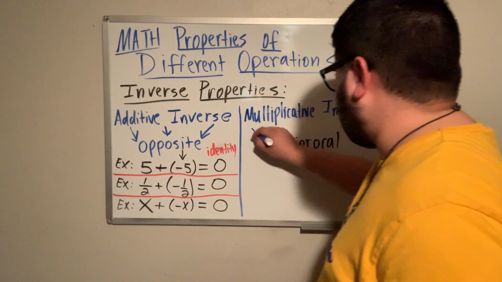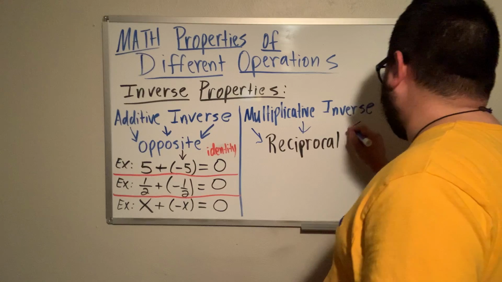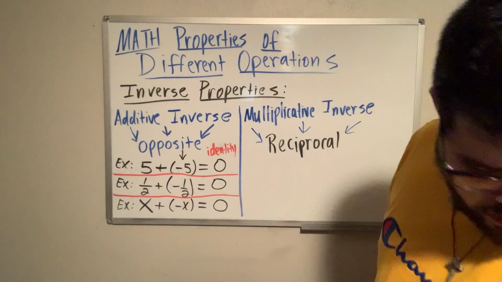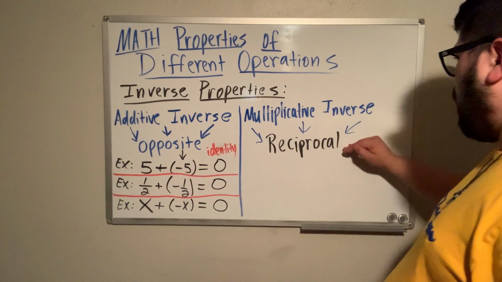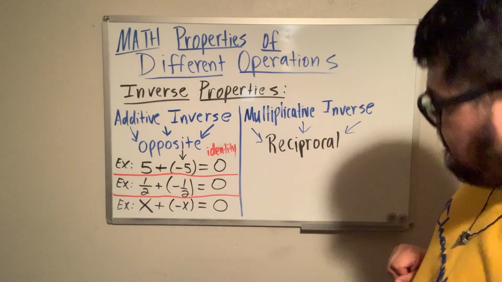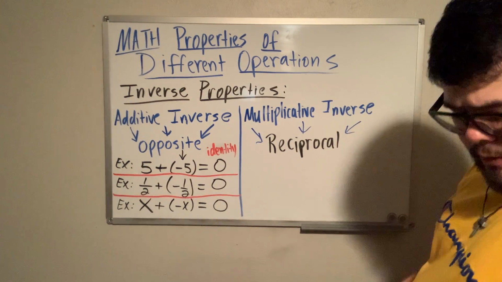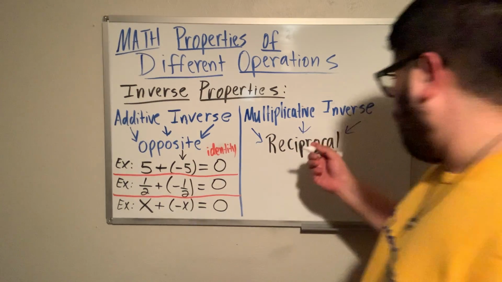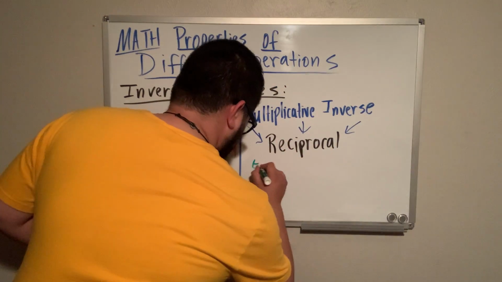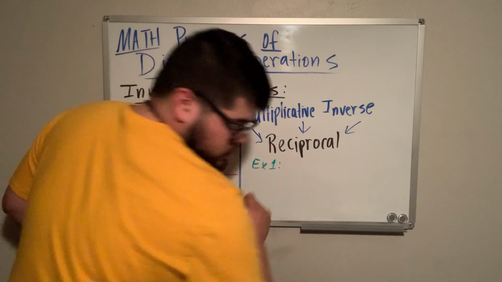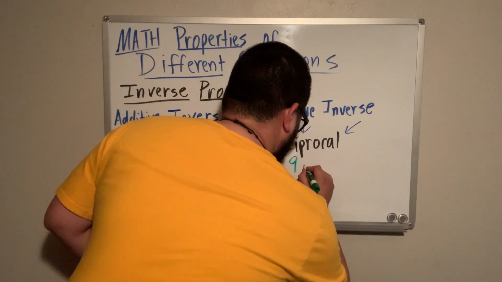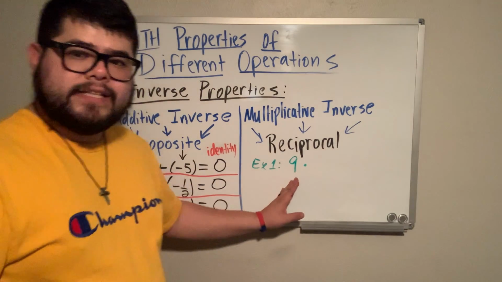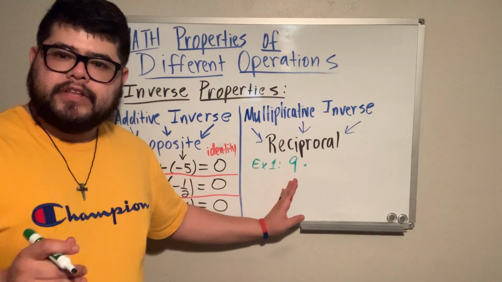I'm going to go ahead and draw arrows to it again, just like we had before. Now, reciprocal is our word for multiplicative inverse. Now we're going to go through some examples like we did earlier. Example 1. We have 9 times. Now, what is the reciprocal of the number 9?